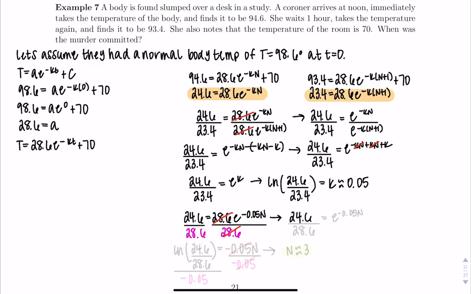So 24.6 over 28.6 equals e to the negative 0.05 n.